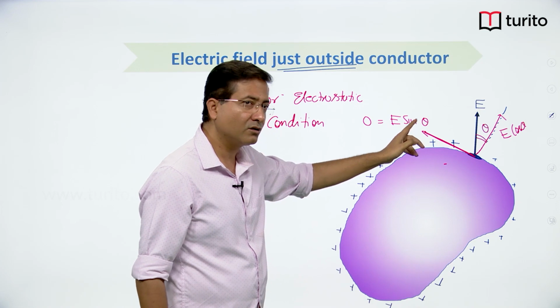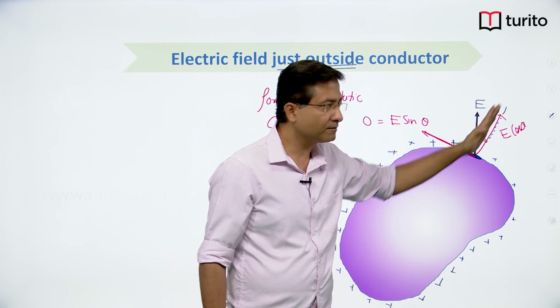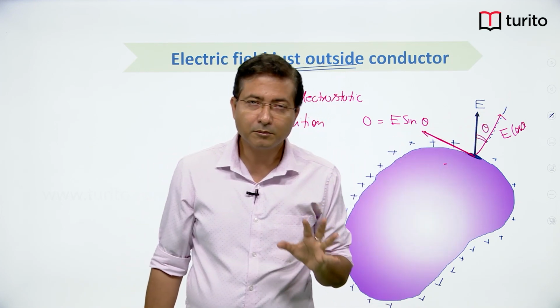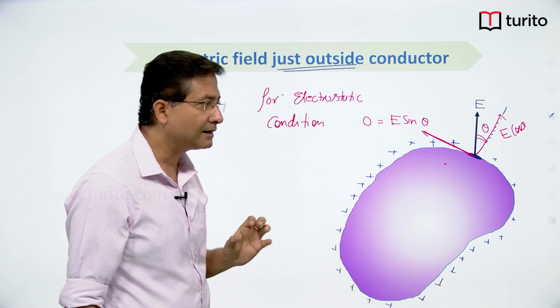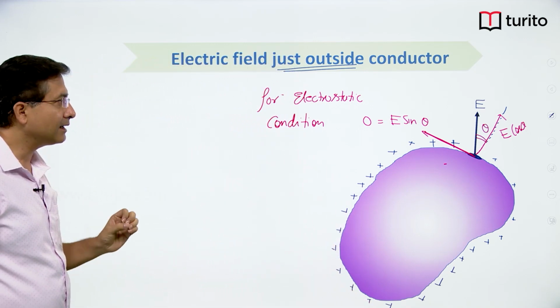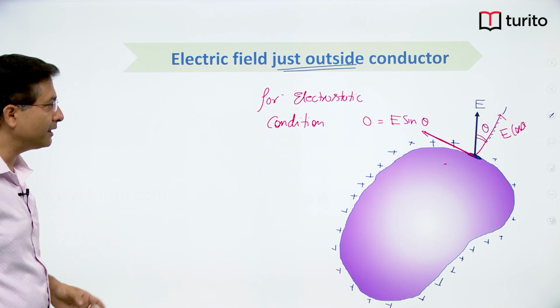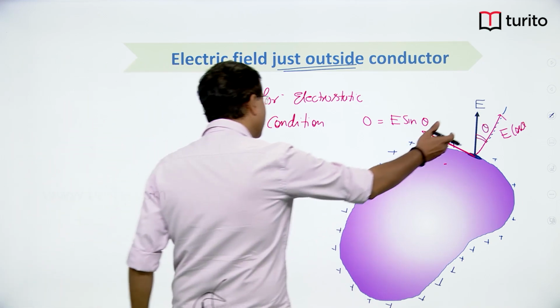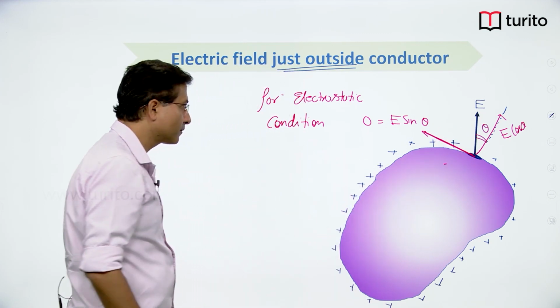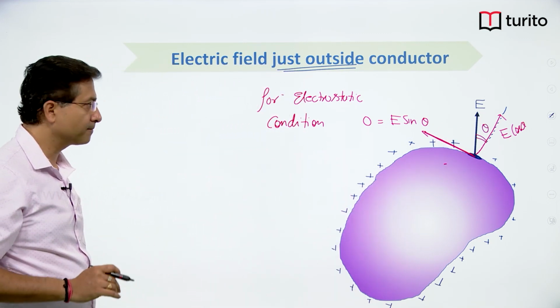If this component is 0, that means the field must be in this direction. That means what we came to know is that under electrostatic condition the electric field must be perpendicular to the surface. There should not be any component of the field in the tangential direction, right. This point is clear.